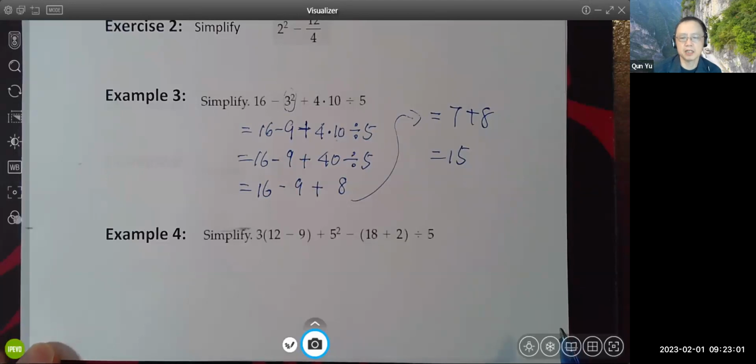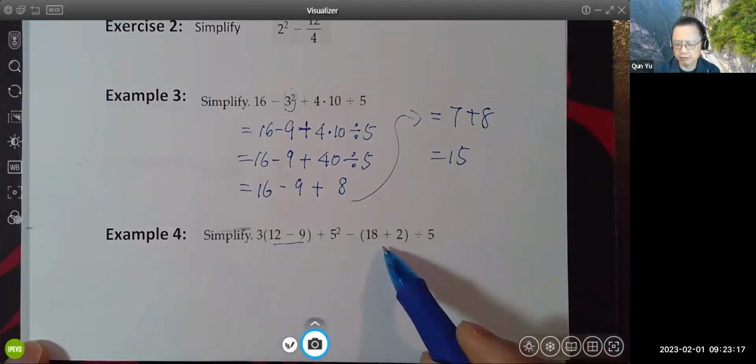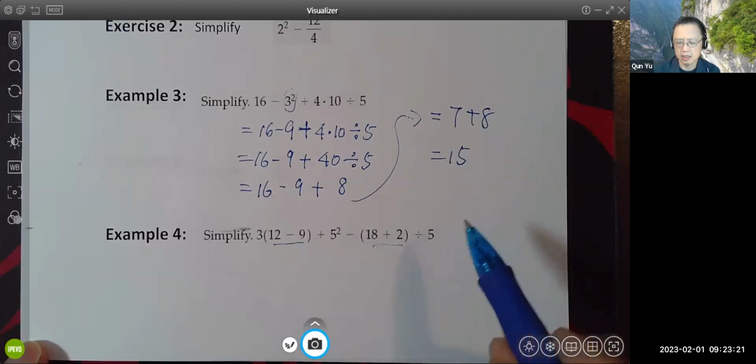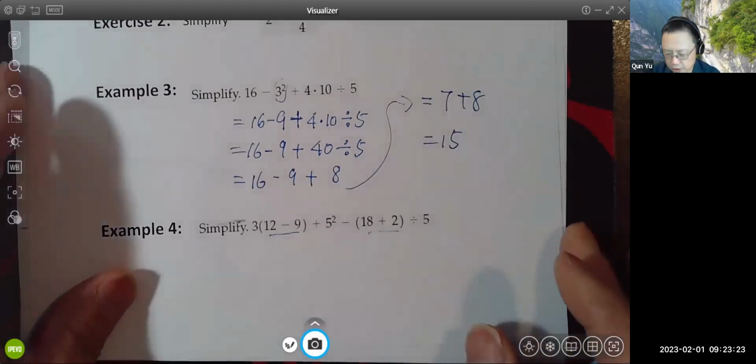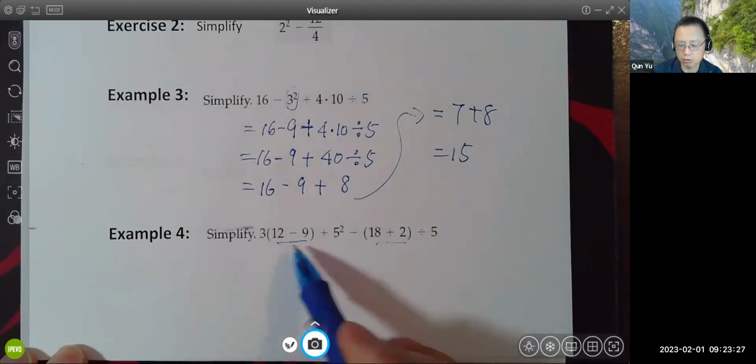So whenever you have these grouping symbols, whether parentheses, brackets, or braces, you want to do the operations inside those grouping symbols first. In this case, we can do both operations here and here first, because both have higher priority. You certainly can do them one by one.